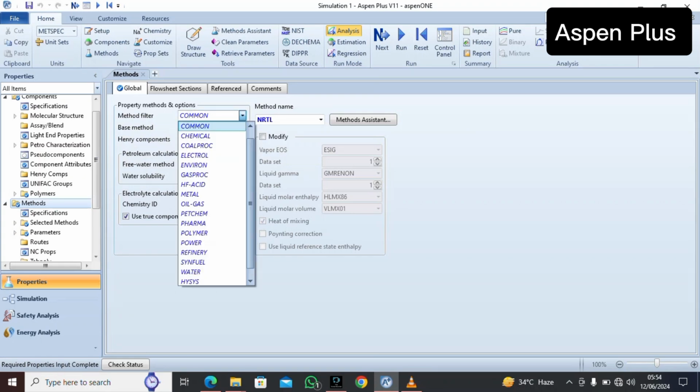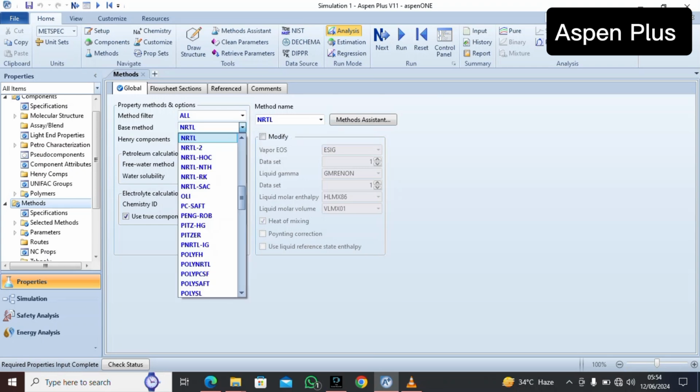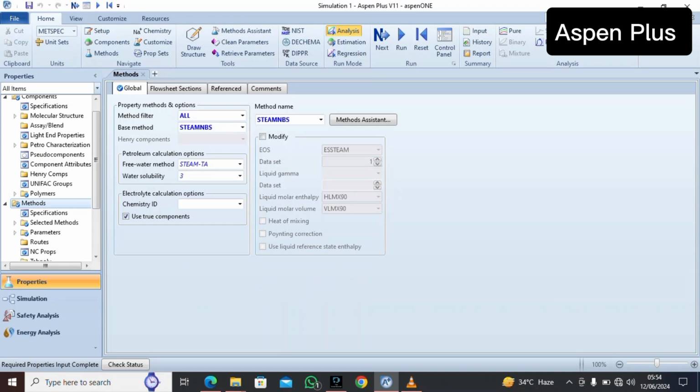Here, choosing the method, filter is all, and base method is STEAMNBS. Then click on run. Here we see no error is showing in Aspen. So now we move toward the simulation environment.